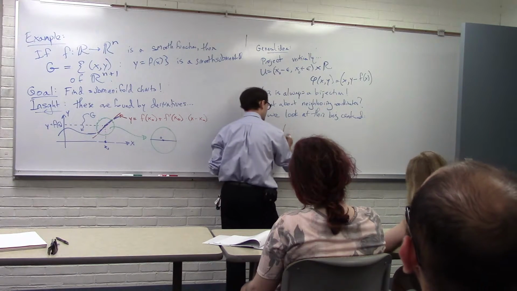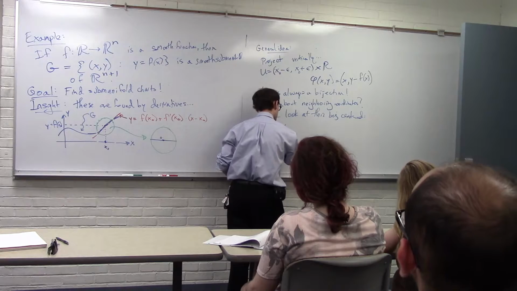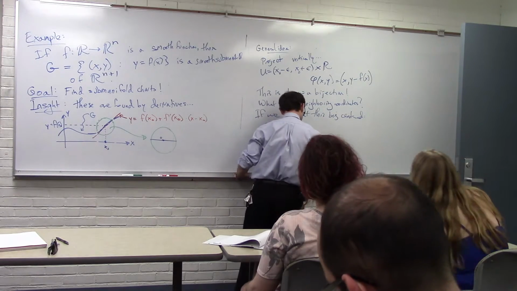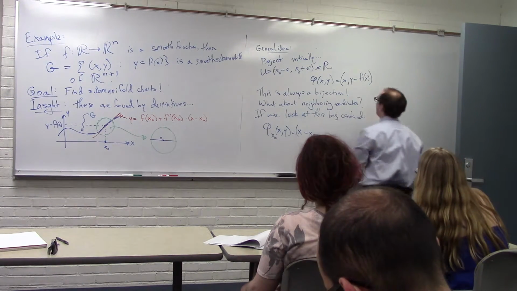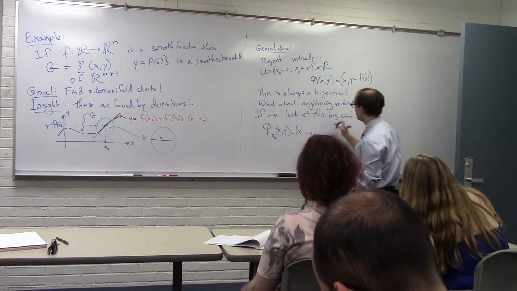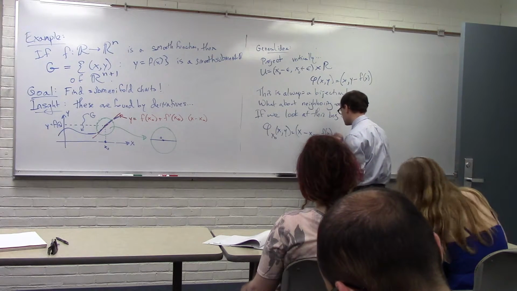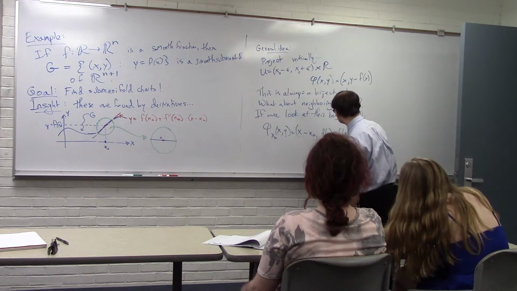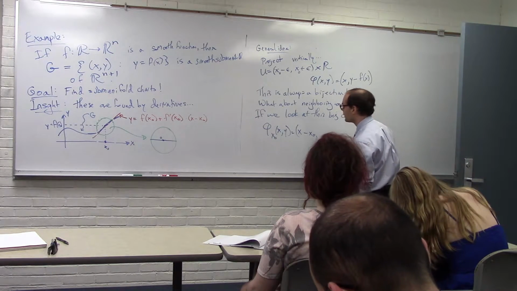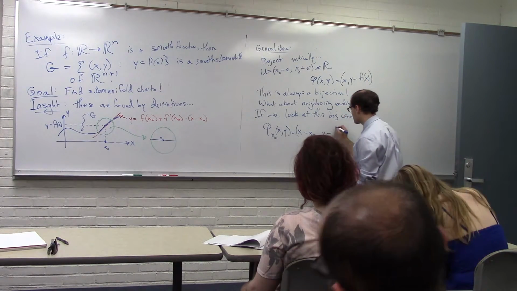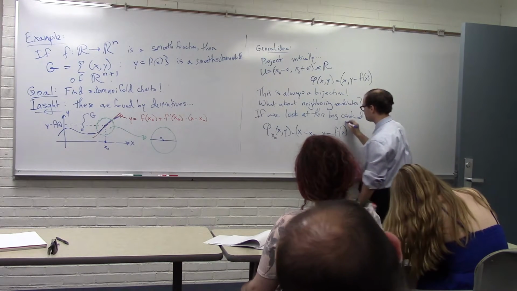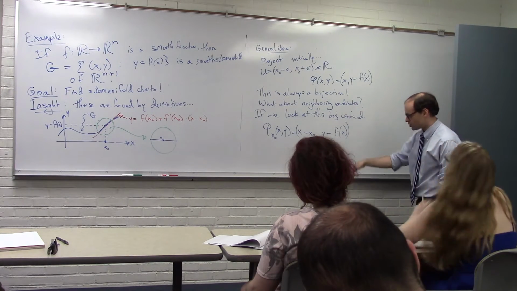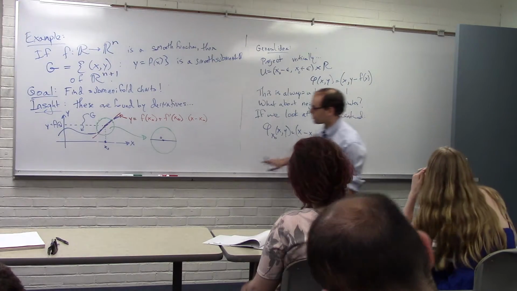Phi of x0 is x, y, and now this should be f of x minus f of x0. Should it still be y minus f of x? This should be y minus f of x. Yeah. Now my curve is squashed down to the bottom, but I've centered myself on the origin.